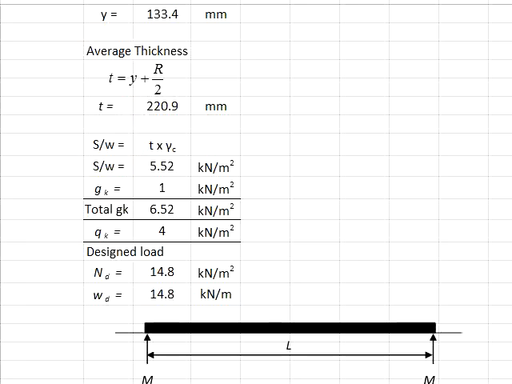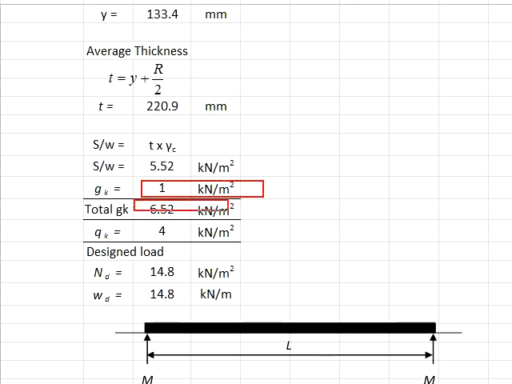It is determined by multiplying the thickness of the staircase, which is 220.9 mm, with the unit weight of the concrete, which is 25 kN per meter cube, and you acquire the self-weight of the staircase to be 5.52 kN per meter square, plus the GK given in the question.